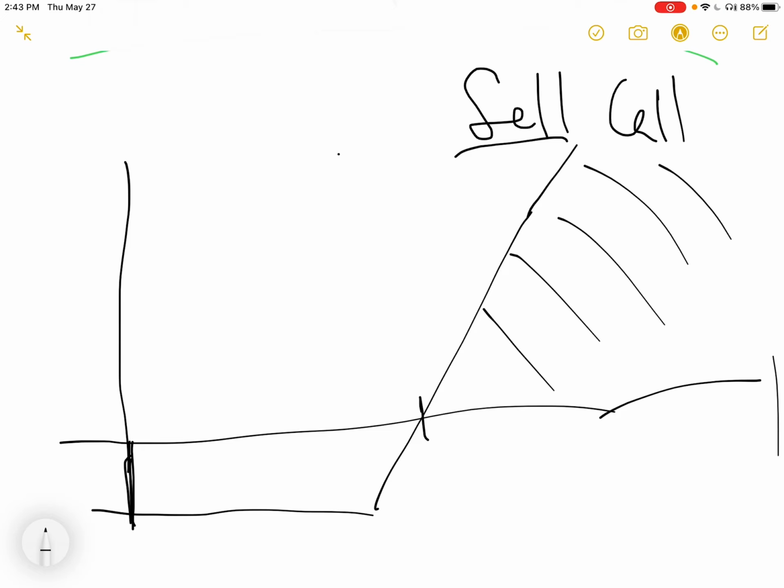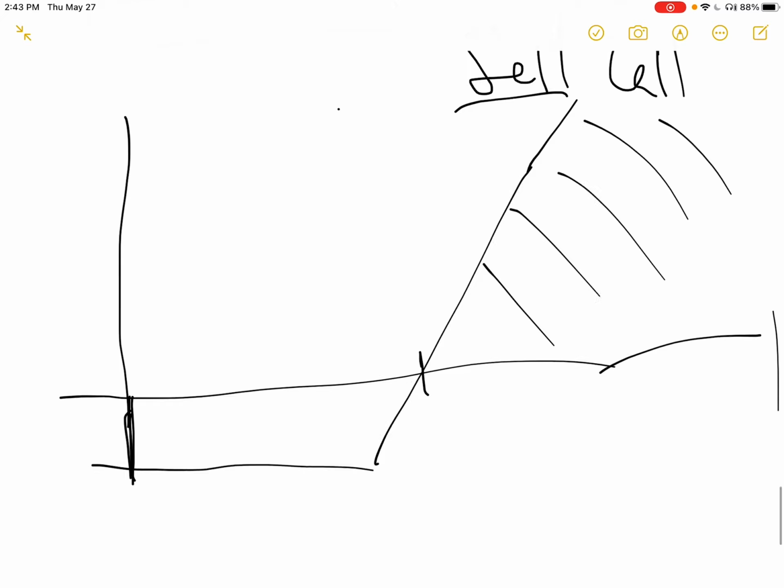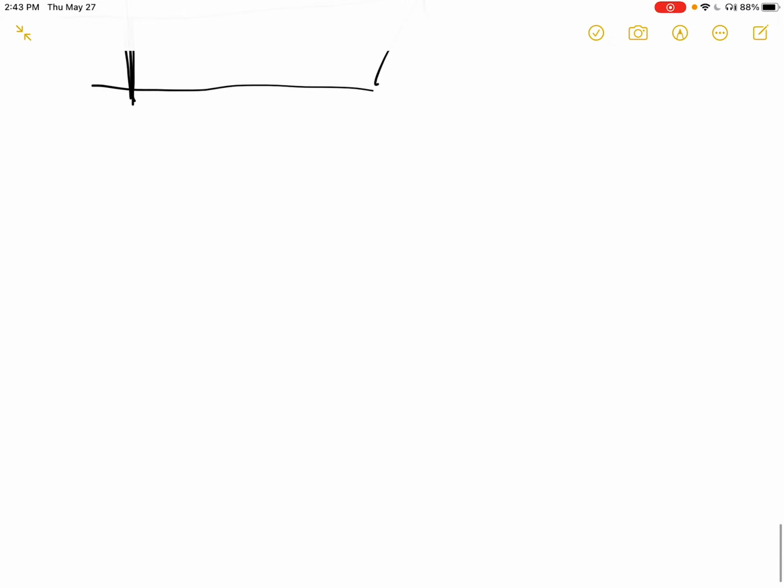If you're selling a call option, you're betting that the company will go down. If you're selling a put option, you're betting the company will go up. So in a spread, you are limiting your downside as well as the upside potential.